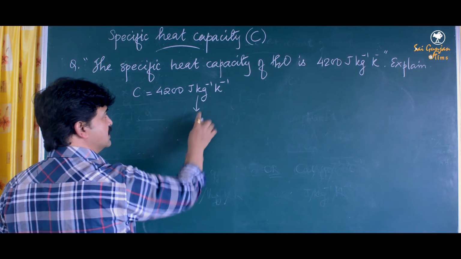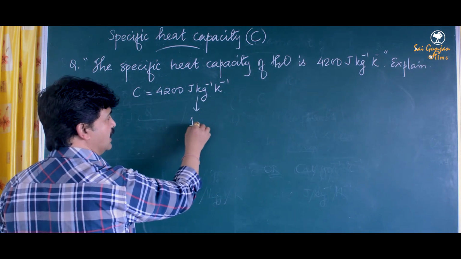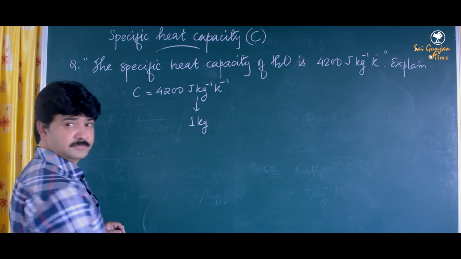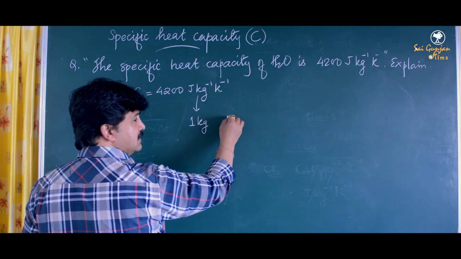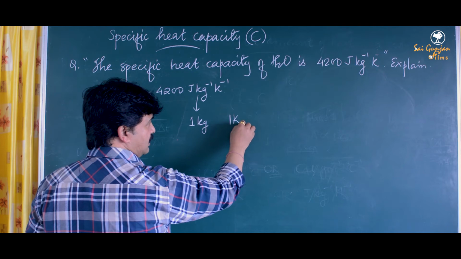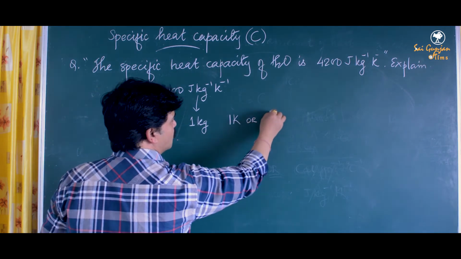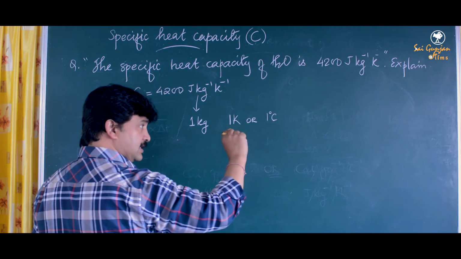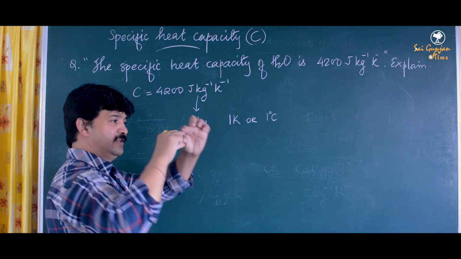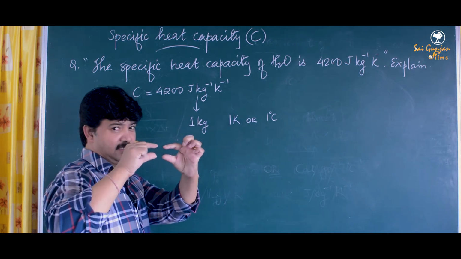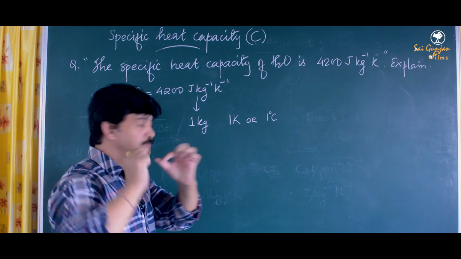Per kg means 1 kg. Per Kelvin means 1 Kelvin, or you can say 1 degree Celsius. The difference of Kelvin and Celsius will be the same, which I told you last time also, no?